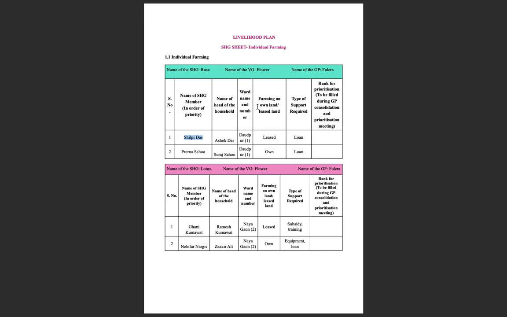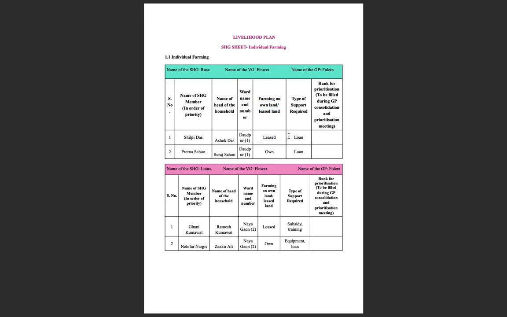Then we have to mention whether the individual wants to do farming on her own land or leased land. Own land means that the person has his or her own land, and leased land means they might take the land on rent and want to do farming on that land. So Shilpi Das wants to do farming on leased land.